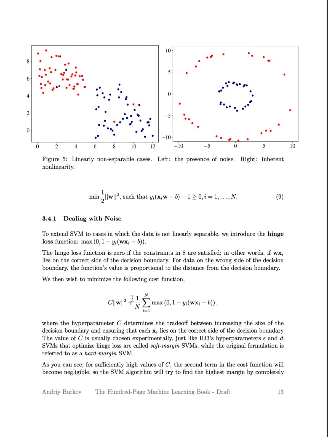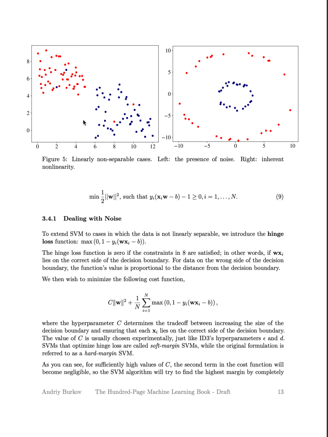This is the hinge loss function, right? Here this hyperparameter c will decide whether it wants to increase the size of the decision boundary margin and ensure that each x lies on the correct side of the decision boundary. So simply c is a hyperparameter which will decide whether you want to increase your margin or decrease it, and it is usually chosen experimentally, just like the ID3 parameters before.